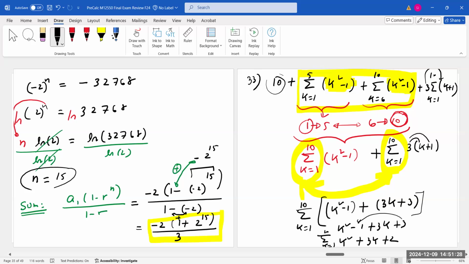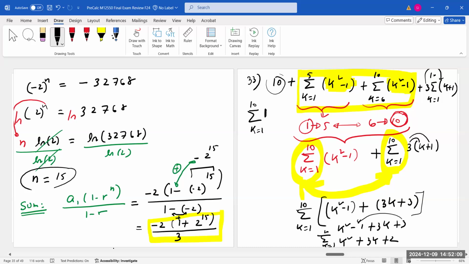Well, it's the same as adding 1 ten times.